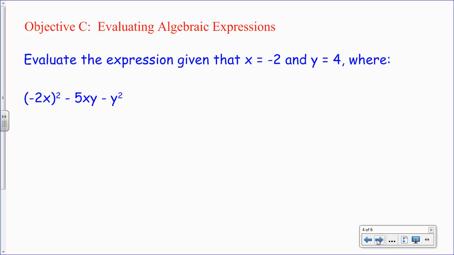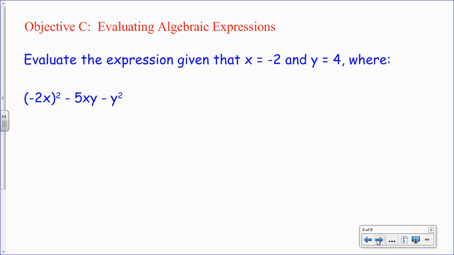I have to plug it in and evaluate. The work that I would need to see on your quiz is the substitution, and then I can see your answer from there. You might have to do 1 or 2 extra steps, but typically you can go right from the substitution to your answer. That's why I had you grab a calculator.